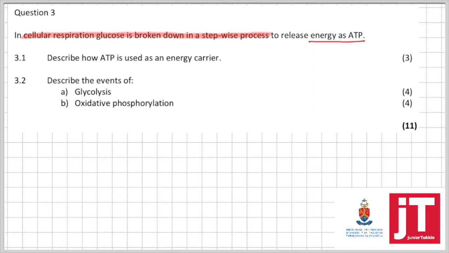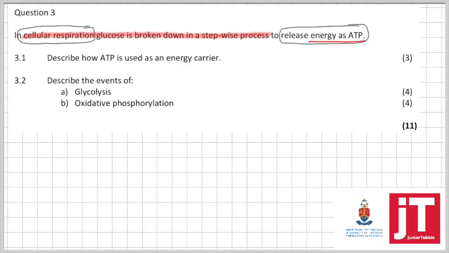And in this case, it says describe how ATP is used as an energy carrier. So we need to talk about the what of ATP that makes it an energy carrier. So for 3 marks, we're going to do the describe part of this question. Generally speaking, if a question has explain as the action word, it's generally worth maybe 1 or 2 marks more than the describe. But anyway, let's deal with this question. 3.1, describe how ATP is used as an energy carrier.